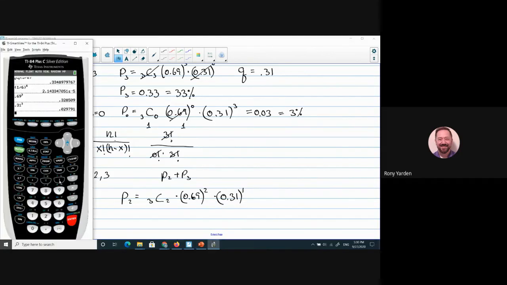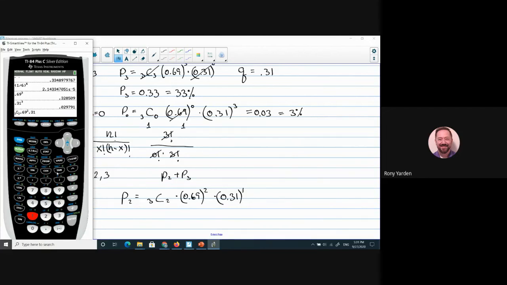Okay, calculator, 3, math, probability, 2, exit, 0.69 to the power of 2, exit, and 0.31.